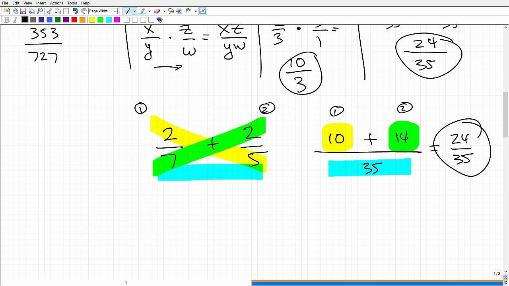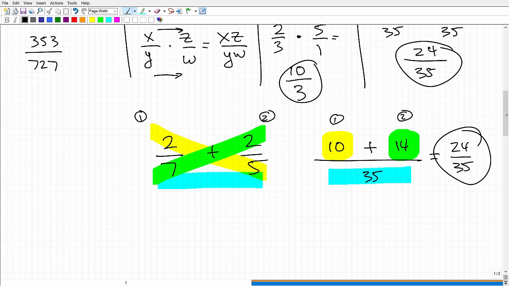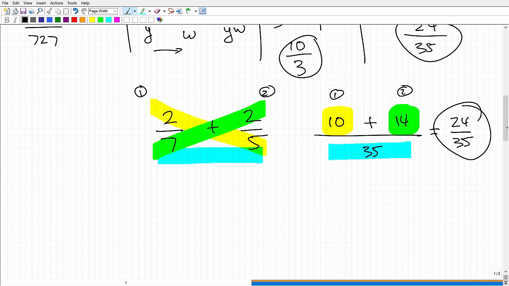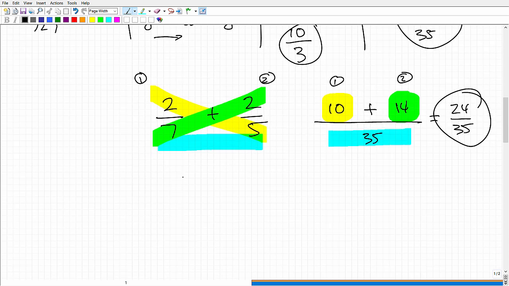Now, let's talk about another advantage of doing this problem the way I just did it. What if I had this scenario, okay? What if I had A over B plus C over X, and you wanted to algebraically add these two fractions? Well, what's the lowest common denominator? Well, it happens to be BX, but let's say you didn't even know that. You could just follow these same steps here.